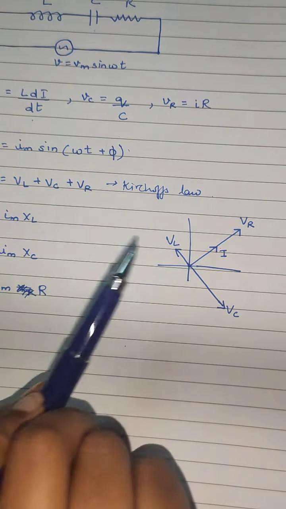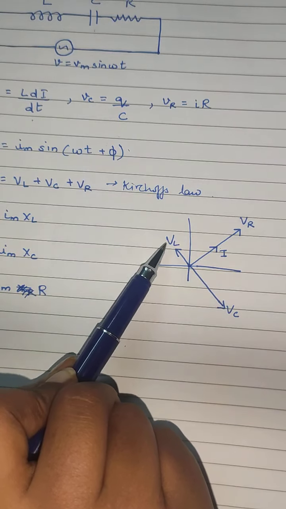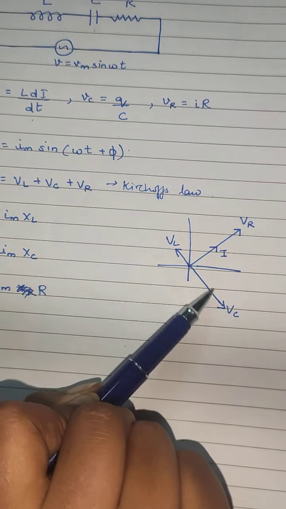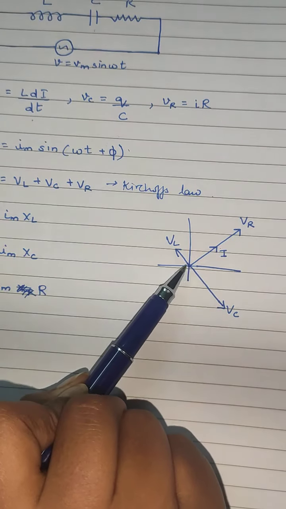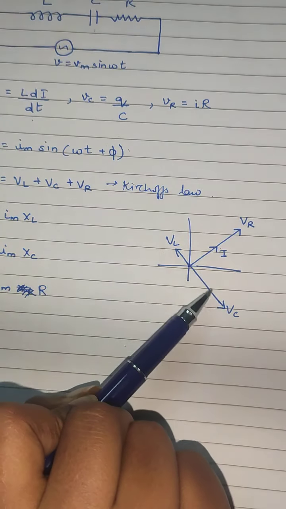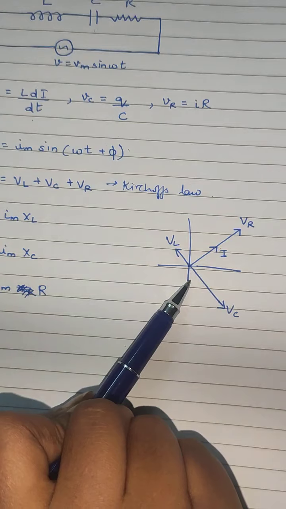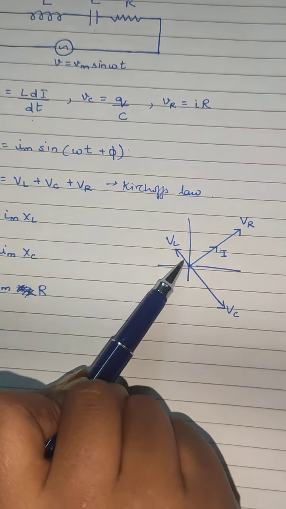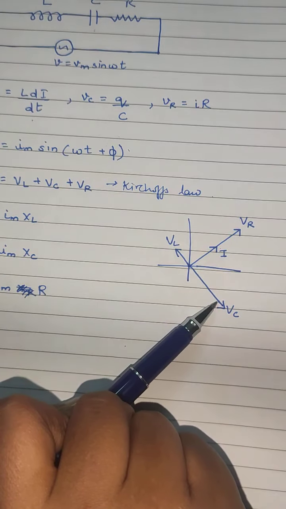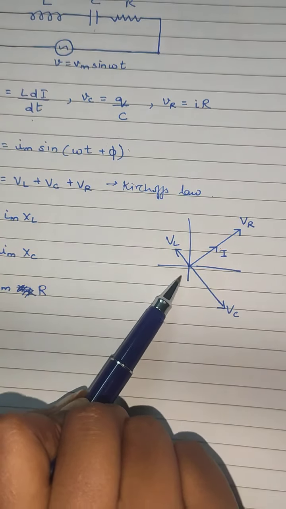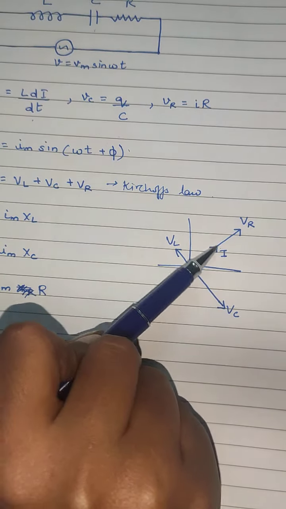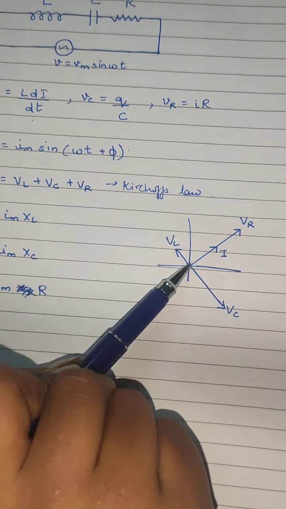We can see that the voltages of the inductor and capacitor are in opposite directions. So what we are going to do is superimpose, or bring, this VL on the same side as VC. The only difference it makes is the negative sign: one is negative, one is positive. So VL, we bring along the VC line.